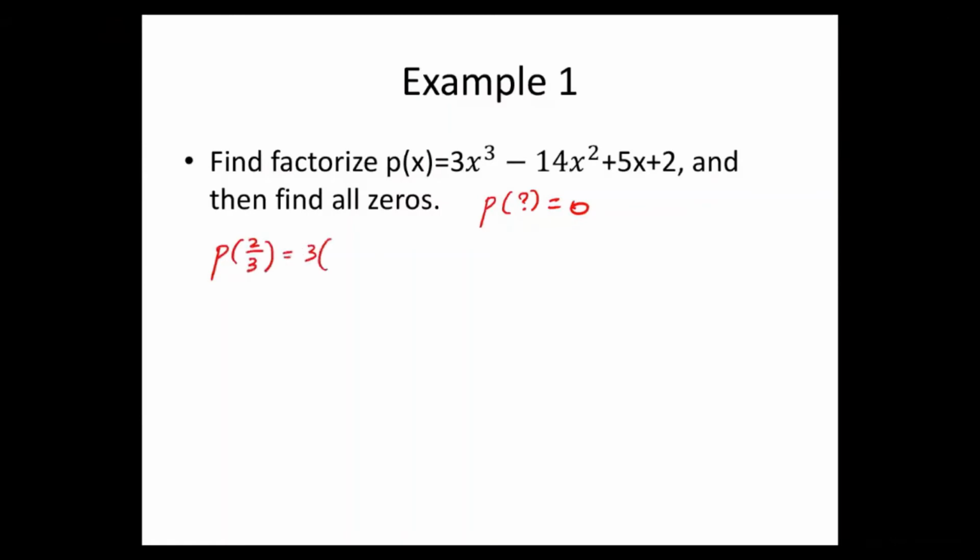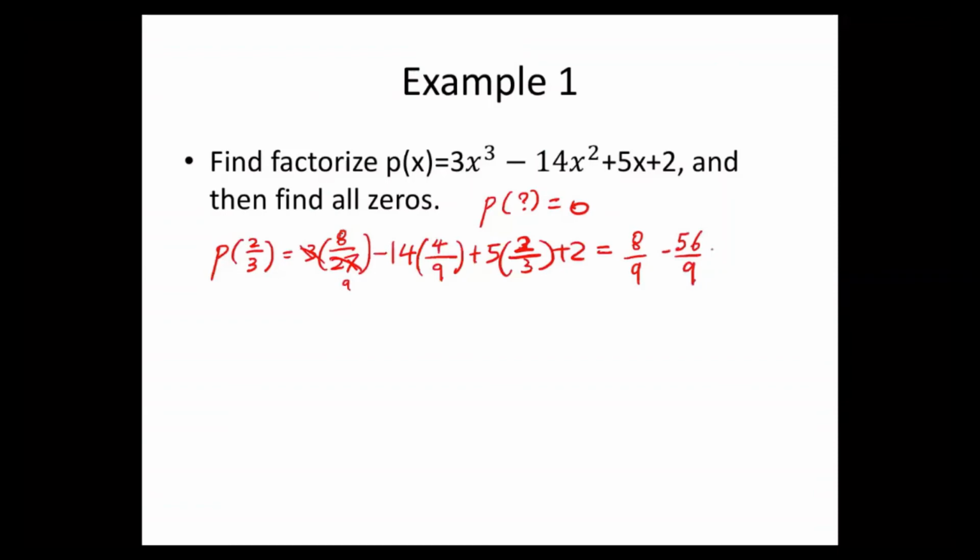Then I have 3 times 8/27 minus 14 times x squared: 2 squared is 4, 3 squared is 9, plus 5 times 2/3 plus 2. I have 8/9 because you can cancel 3 and 27 as 1/9. Then 4 times 14 is 56 divided by 9.